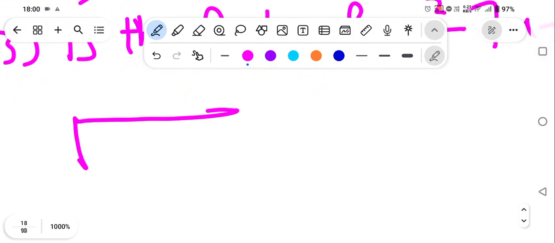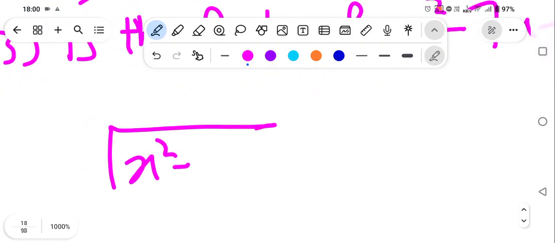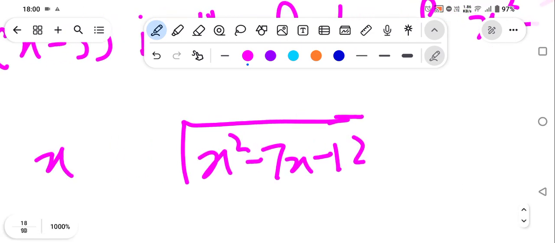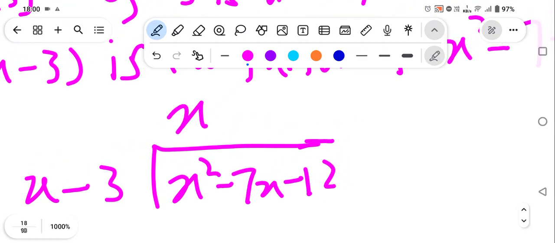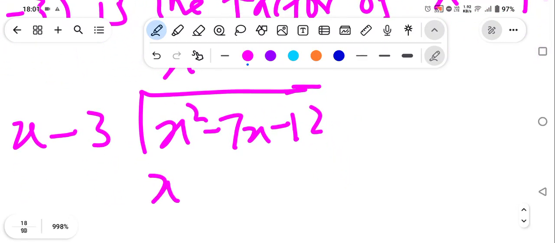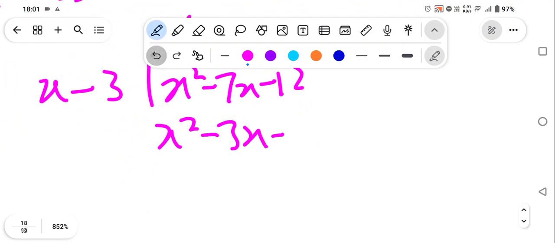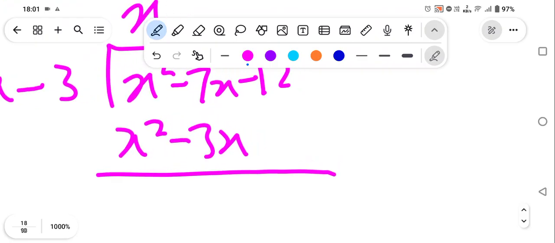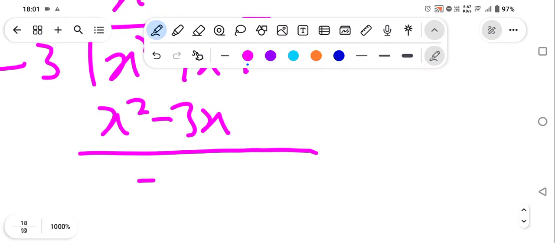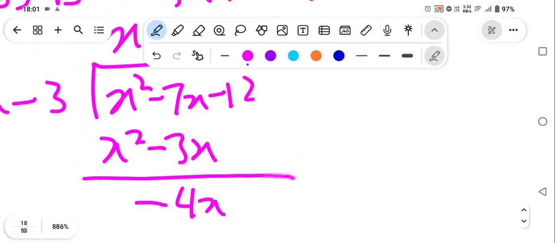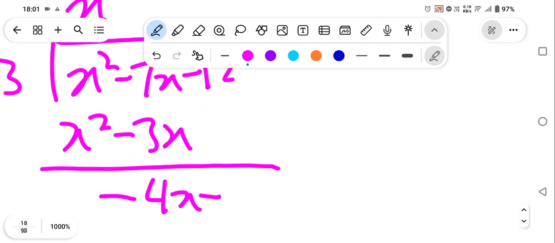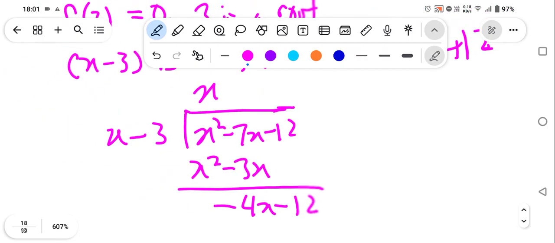So we're going to divide x squared minus 7x plus 12 by x minus 3, and we're going to multiply. So we're going to do x. So this will be x squared minus 3x. Minus 3x, so negative 7 minus 3 will be negative 4x, and the plus 12 will get brought down here.